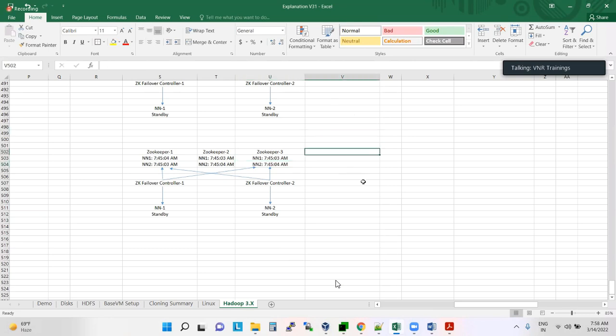Why am I getting zookeeper 3 here, guys? Earlier we had two zookeepers. So how is the voting mechanism happening? N1 and N2, ZK1 and ZK2. ZK1 may say 1-1.